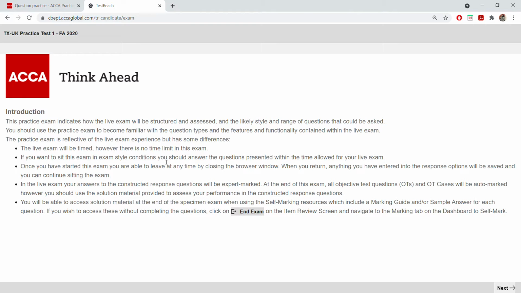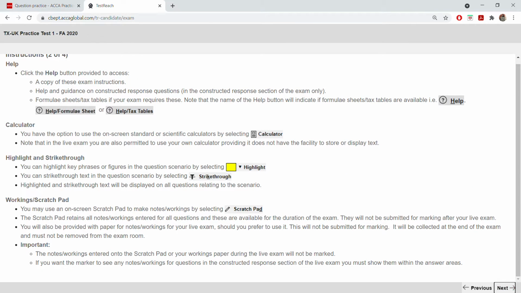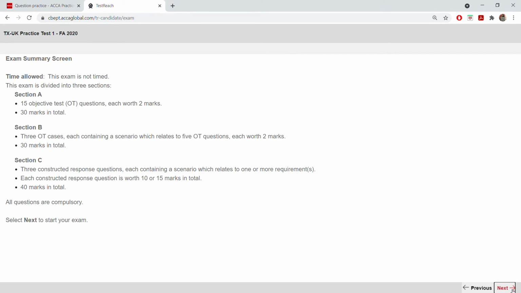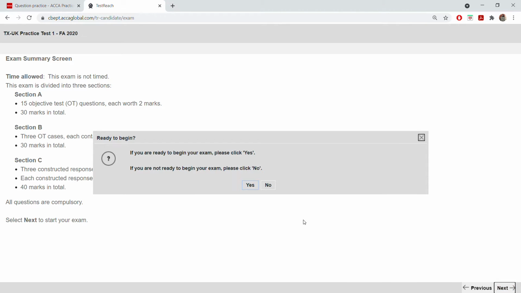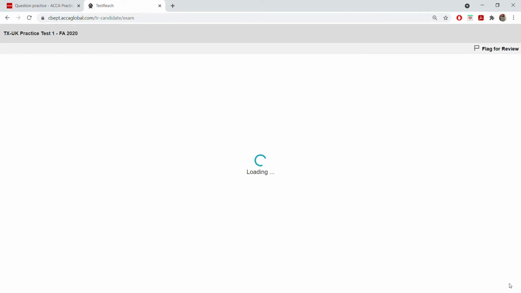Okay, so let us start with taxation, and this is one of the easiest papers I would say, and the best paper. I just love tax, any day I can do tax. For those people who think tax is very complicated, tax is not at all complicated. In fact, it is the easiest one to get a good amount of marks. The only thing is you have to remember a lot of numbers and a lot of dates.